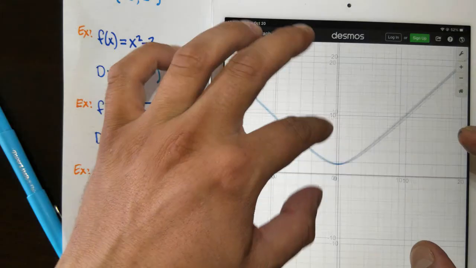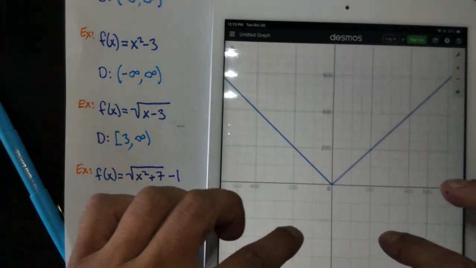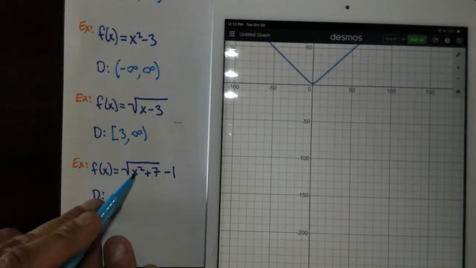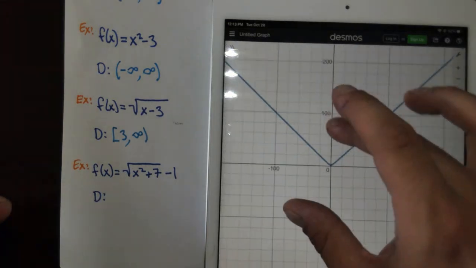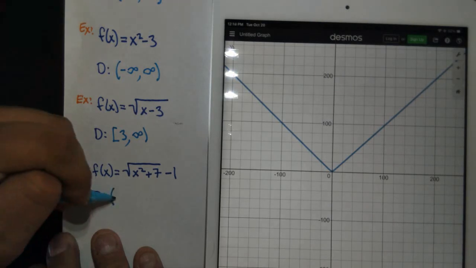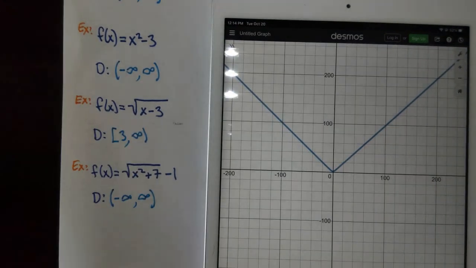It looks like this function also goes forever as we go to the left and to the right. So although it's a square root, what's affecting it is the square that's under it. So these square roots of squares, if you will, exist from negative infinity to positive infinity.